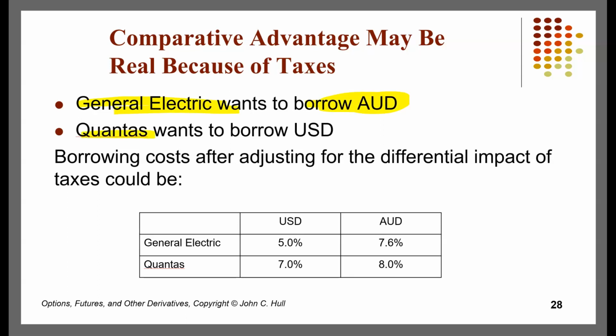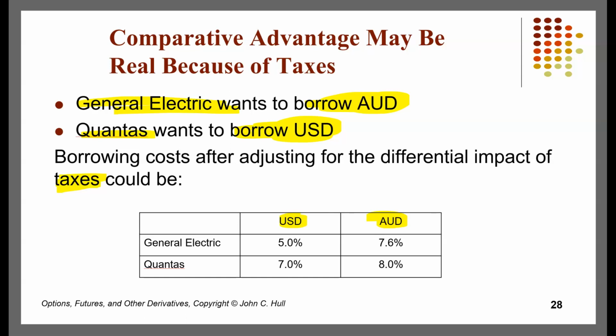We have another company that wants to borrow in US dollars. And we're going to compare the cost of borrowing across countries or across currencies. And the key difference between the two could simply be that tax treatment in different countries offers more incentive to one company versus another one.